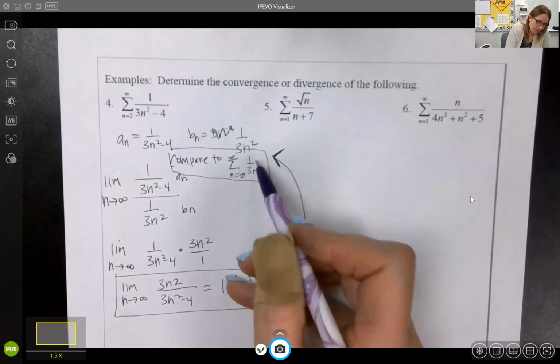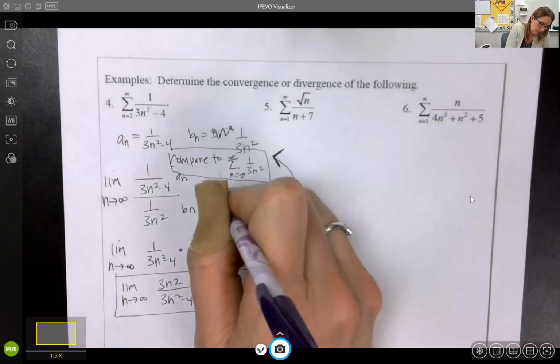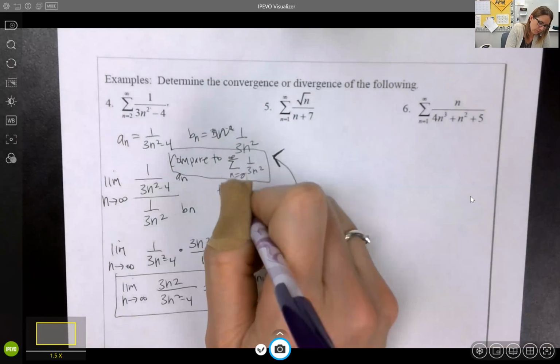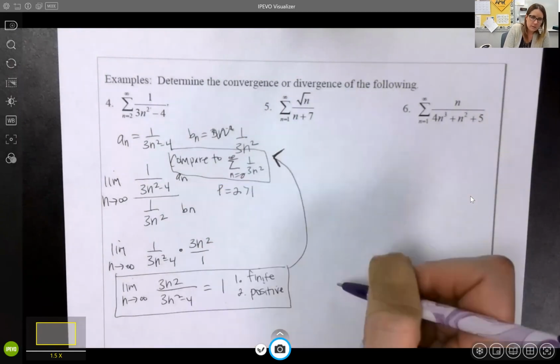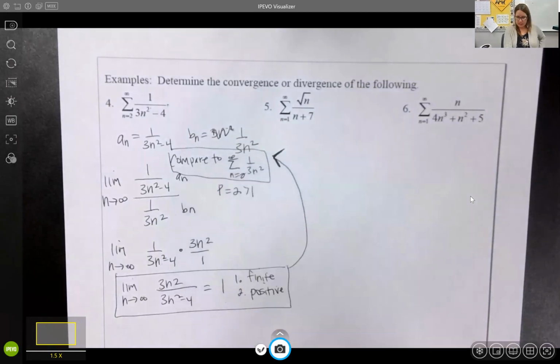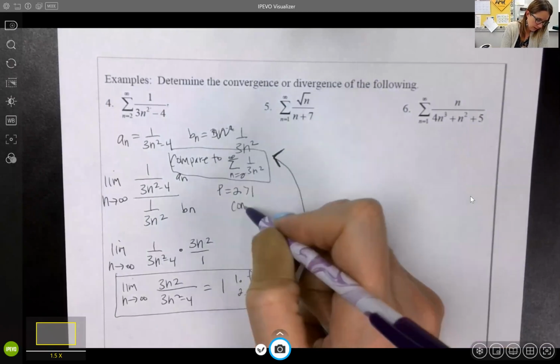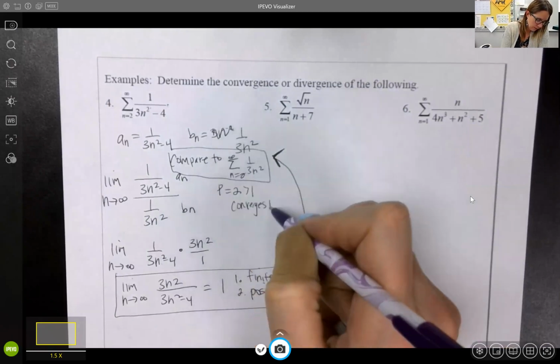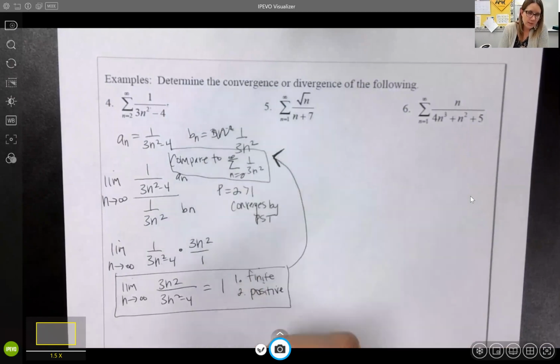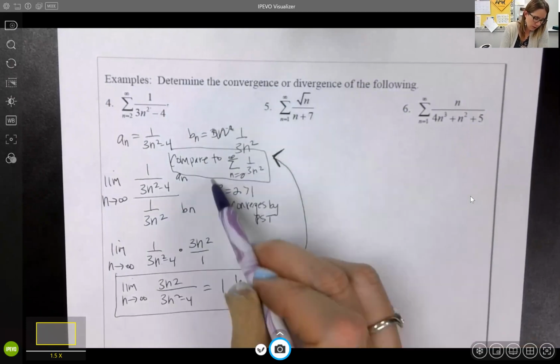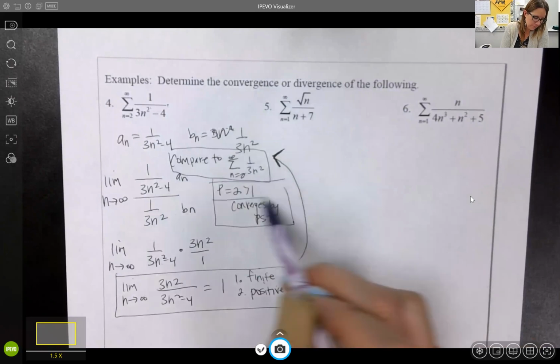So here, this is p equals 2. 2 is greater than 1. So on the PST, is it converging or diverging if it's greater than 1? Make sure I'm writing all my stuff. Okay, so the one we compared it to converges by PST.